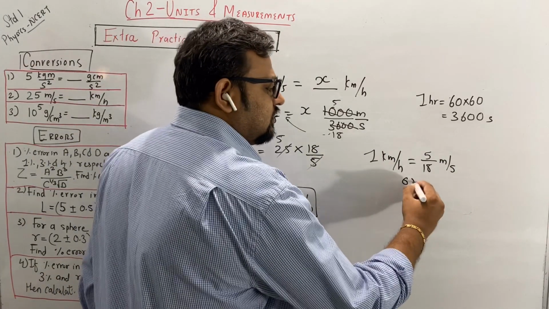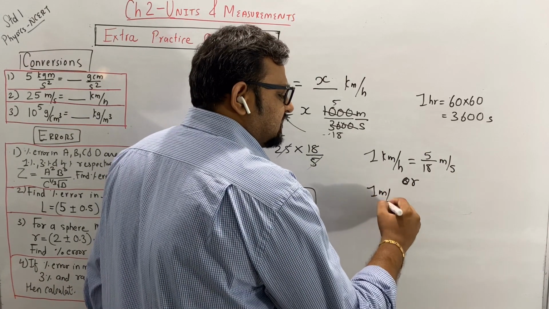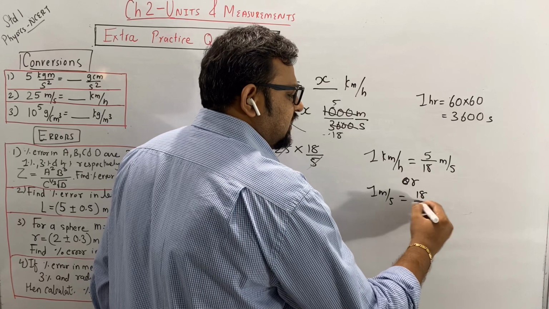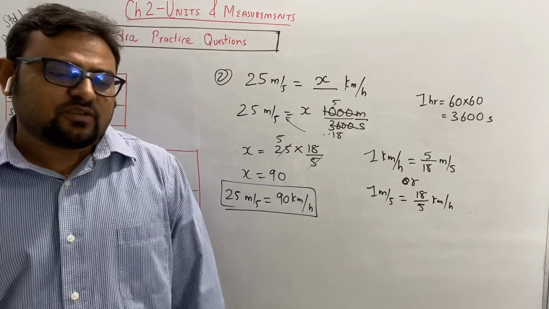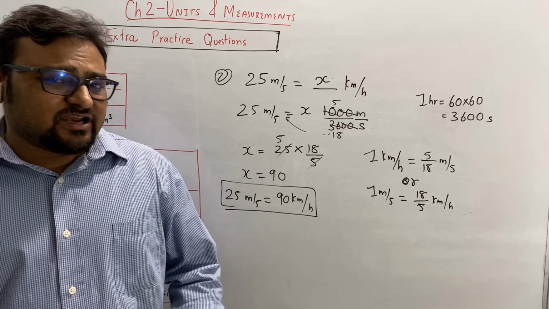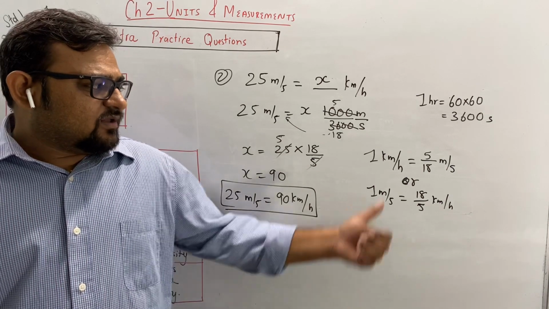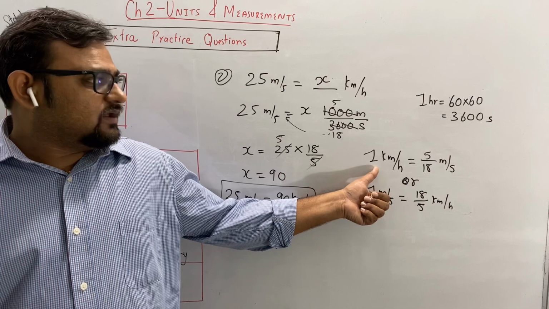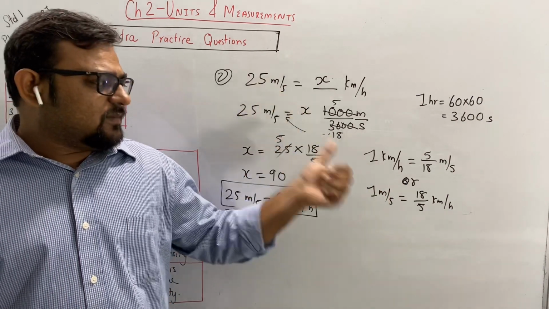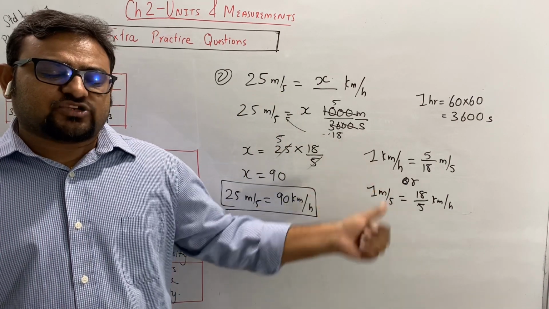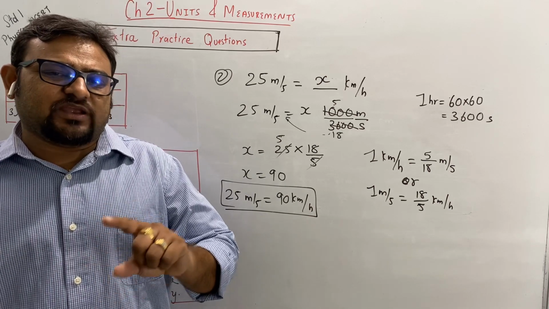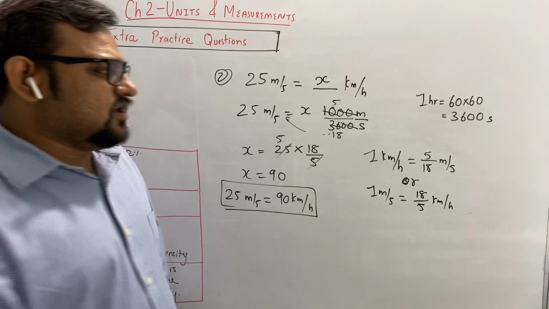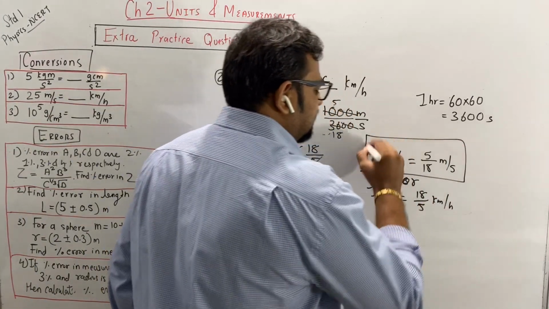Or 1 meter per second equals 18 by 5 kilometer per hour. Clear? But in general, most of the time this conversion will be there; the other will be very rare. So to convert kilometer per hour directly into meter per second in a single step, use this shortcut.